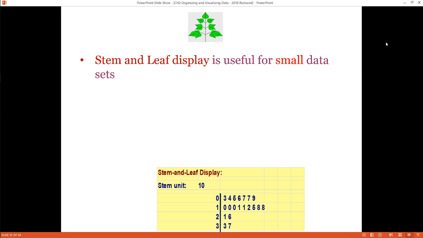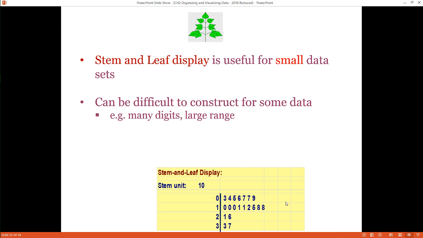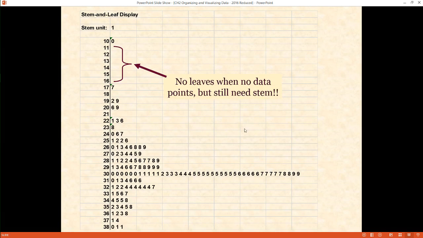So as I said earlier, if we have relatively small data sets, stem and leaf displays are pretty nice, because you kind of get the distribution shape of the data too. However, also as pointed out, it is difficult to use for large data sets, data with many digits, because we lose information. If we have a very large range but few observations spread over it, then we'd have a lot of empty areas like this.